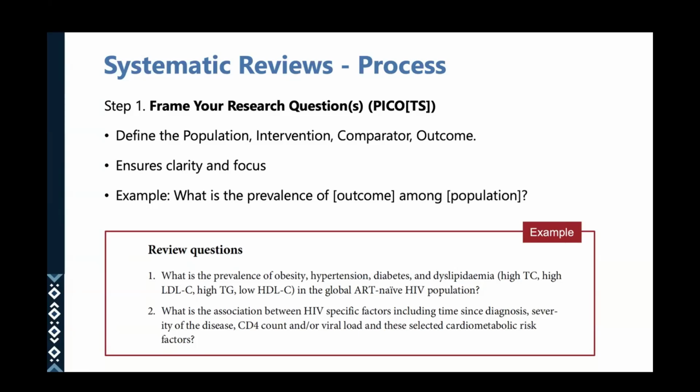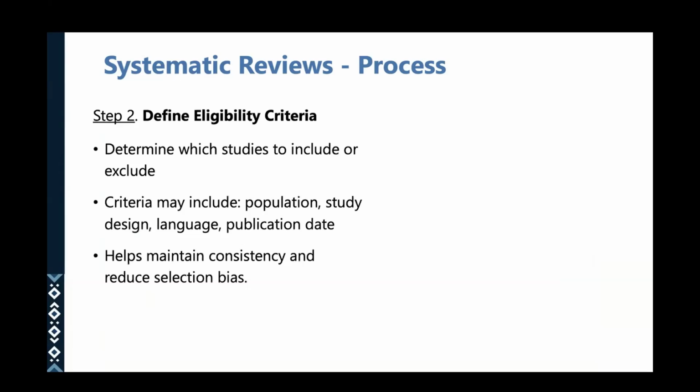So once you've determined your research questions and framed them very well, the next step is to define your eligibility criteria. So how does a study qualify to be included in your review? And so you have to lay out some inclusion, some exclusion criteria for the various studies. And this criteria can build very much from the PICO framework.